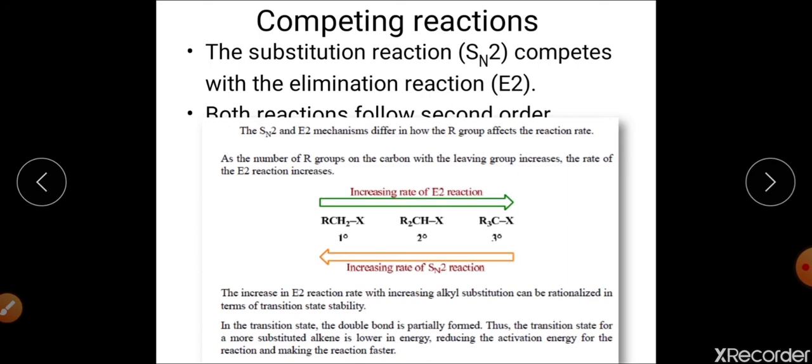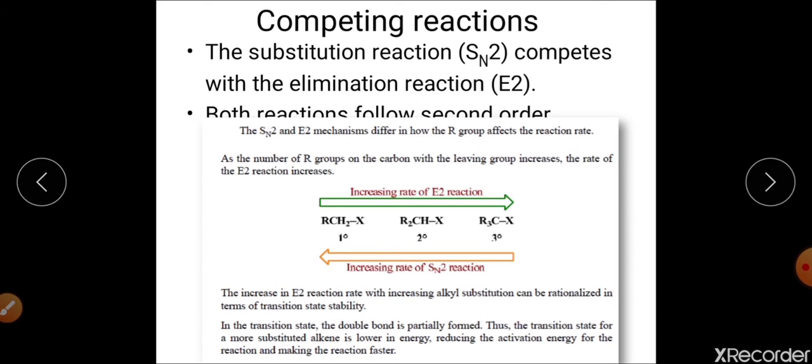It means the transition state will be alkene-like, and you know that a highly substituted alkene will be more stable in comparison to a least substituted one. So we can clearly say that going from primary to tertiary, the rate of E2 elimination reaction will increase.